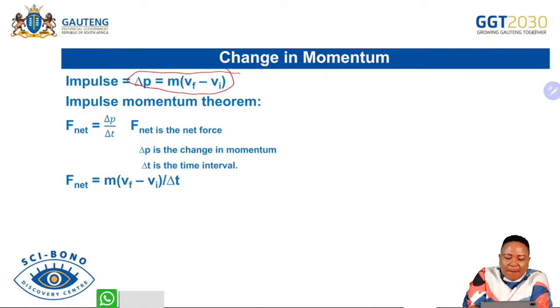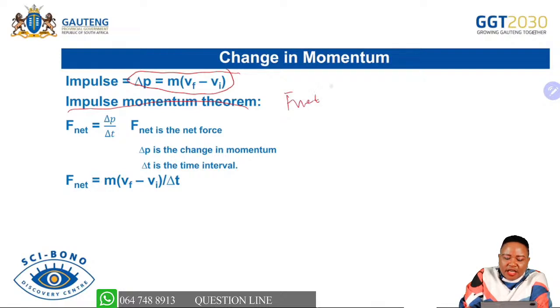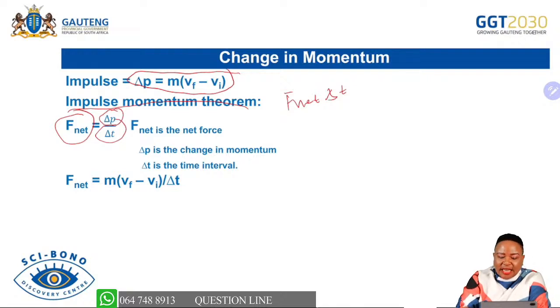So we know that in the impulse momentum theory, impulse is equal to F net change in t. If we are looking for the F net, we can say change in p, which is change in momentum, divided by change in time. That is when we are looking for the F net, or the net force.